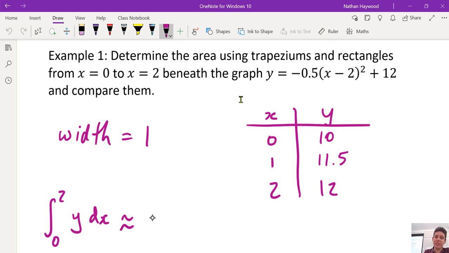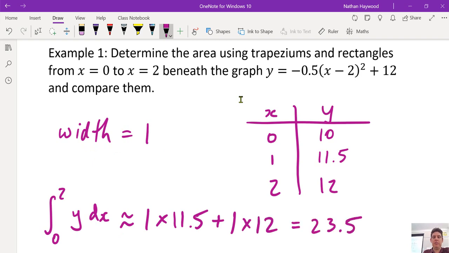There's 2 rectangles. 1, and what's the height? You do the highest one, which is 11.5. Thank you. Okay, so we found using the rectangular rule that the area is 23.5 units squared approximately.